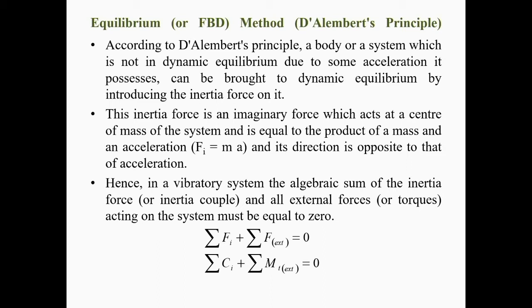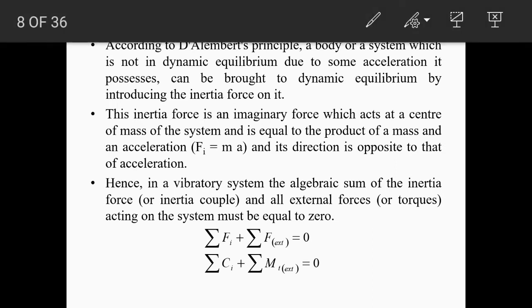Inertia force is not a real force, it is an imaginary force, and it always acts at the center of mass of the system in the direction opposite to that of the acceleration. The magnitude of the inertia force is equal to the product of mass and acceleration, so Fi is equal to m into a.